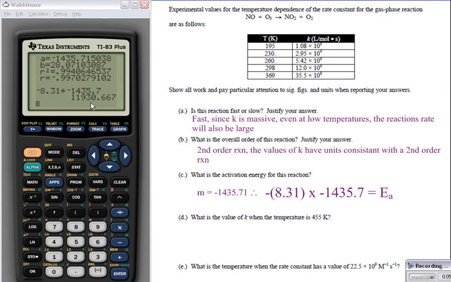So that would be 11.9 kilo. Kilo what, though? Well, we're talking about energy, and we know that 8.31 is joules per Kelvin mole. So what did we end up doing in our actual Arrhenius equation?